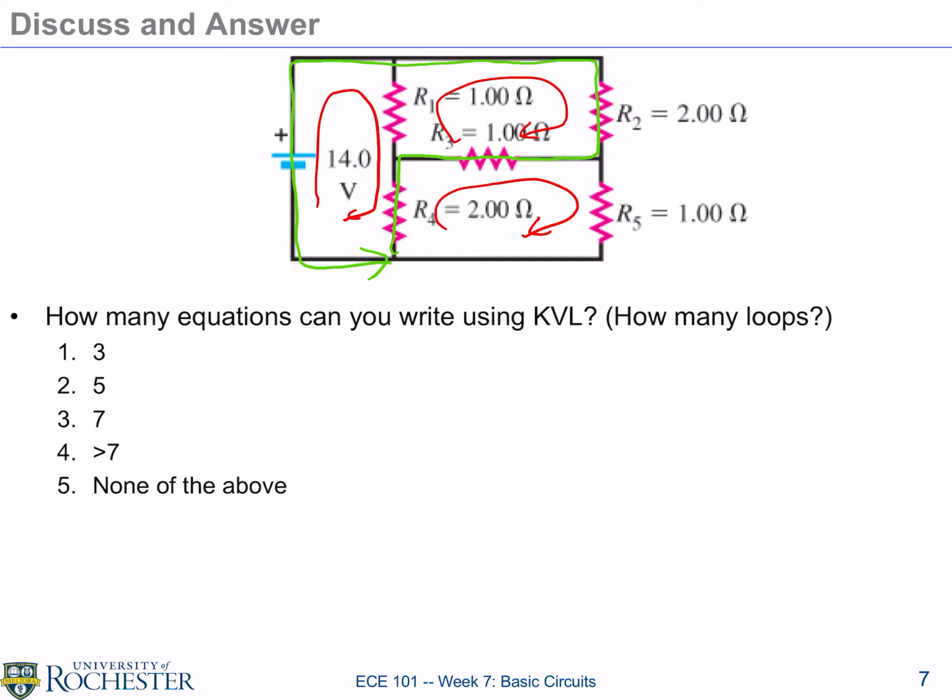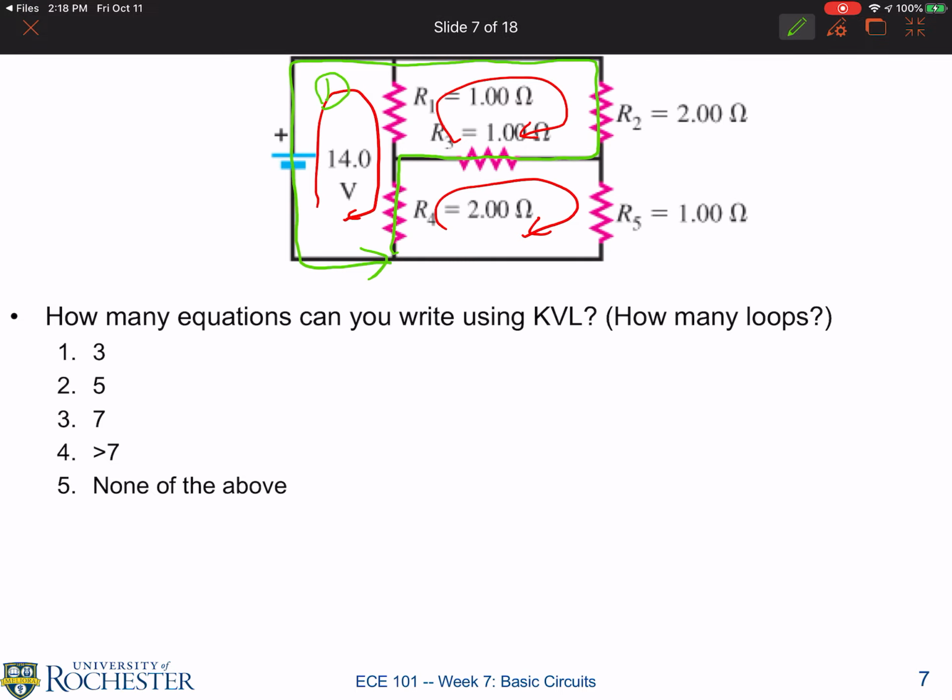So if I keep on doing this, how many loops are there? You might think there are quite a few, because we just give these loops some names. This is loop 1. It would be easier if we use the same color as the loop marking, the red loop 1. There's the red loop 2 and the red loop 3.